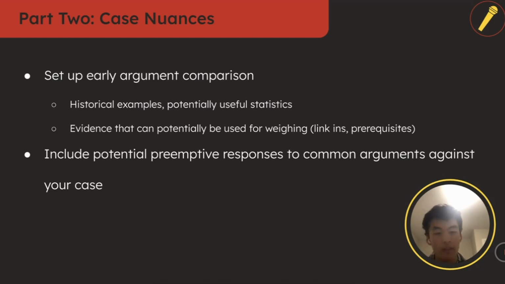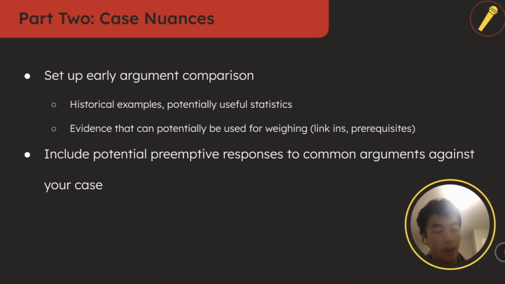Additionally, something that can also strengthen your case is including potential preemptive responses to arguments against your case. This doesn't mean just saying, oh, my opponents might say, because that's redundant. You can do that in rebuttal and summary. This is to include more nuances and more examples, like statistics, that can respond to common arguments against your case.